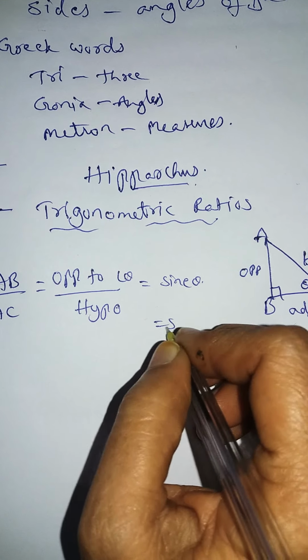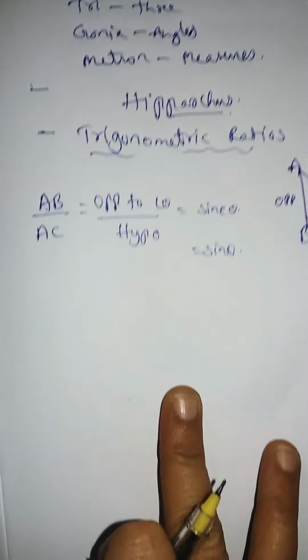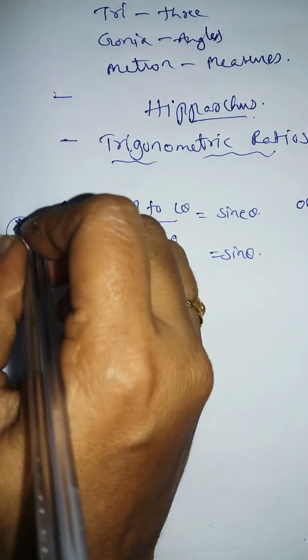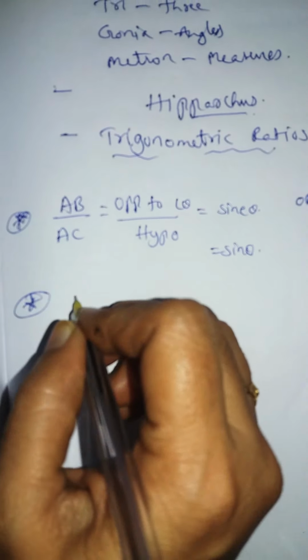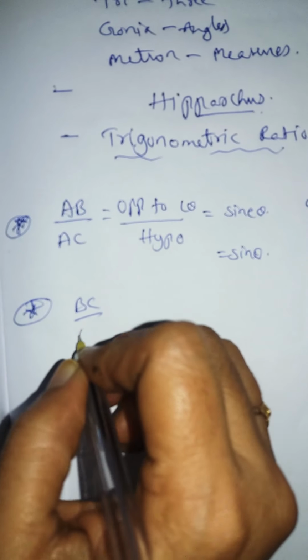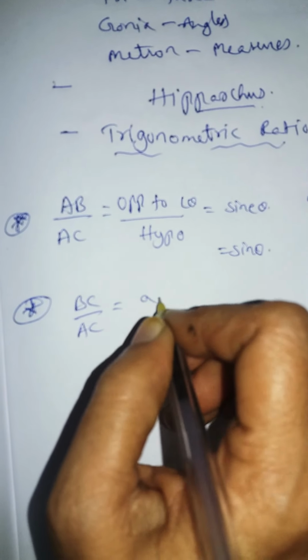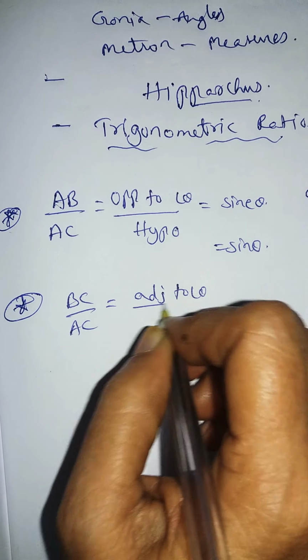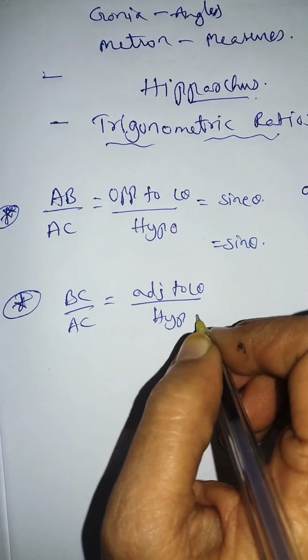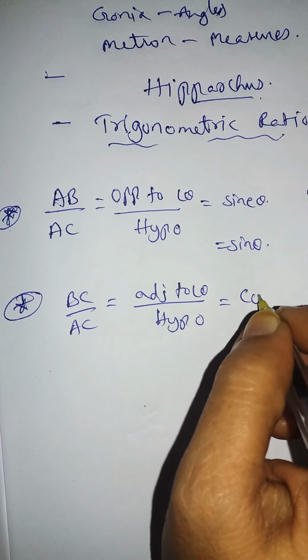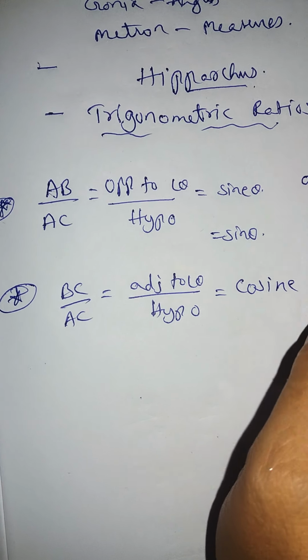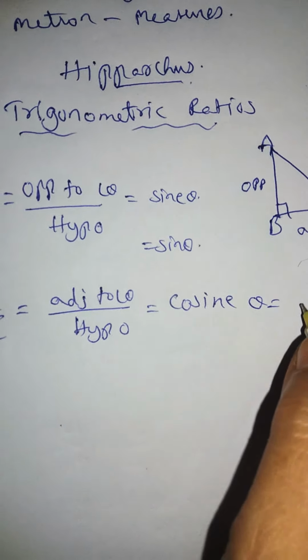The ratio of BC by AC, which is adjacent side to angle theta divided by hypotenuse, is equal to cosine theta, or cos theta.